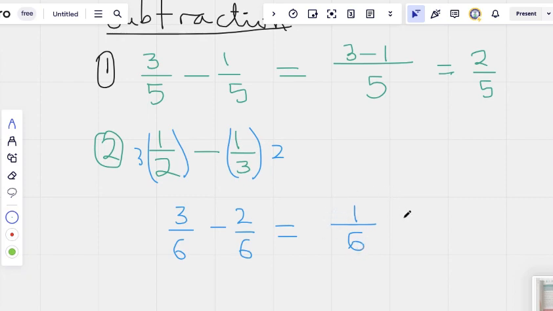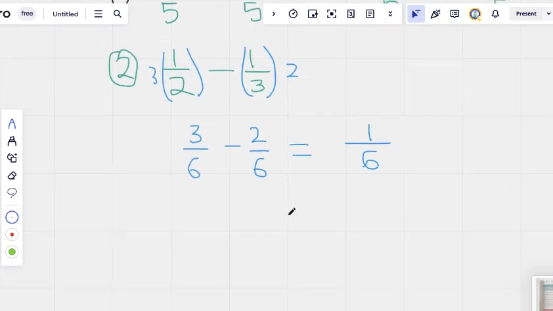Another method we can use is the LCM method, if you don't want to change the fractions to be the same. So 1 over 2 minus 1 over 3, you find the LCM of the denominators. The LCM of 2 and 3 is 6, so you write 6 here.